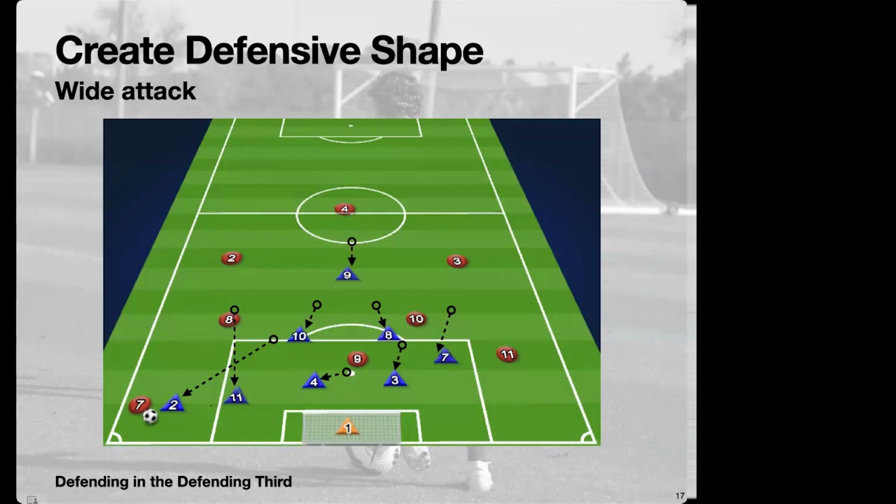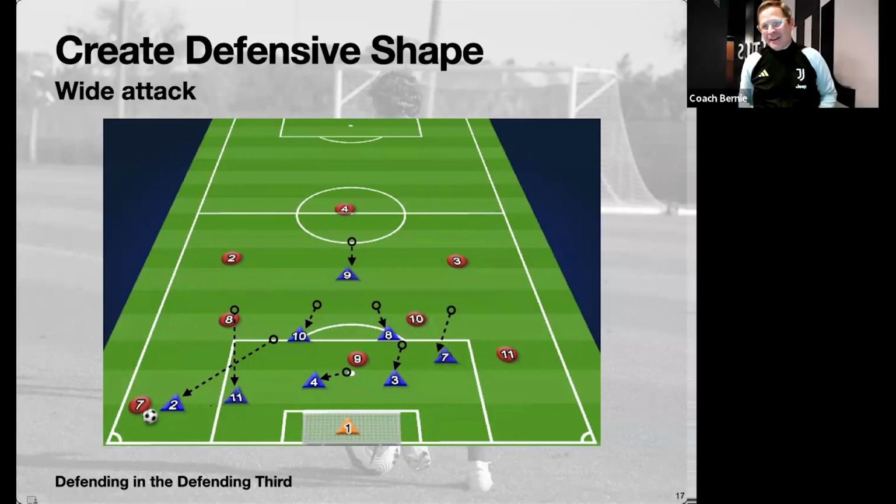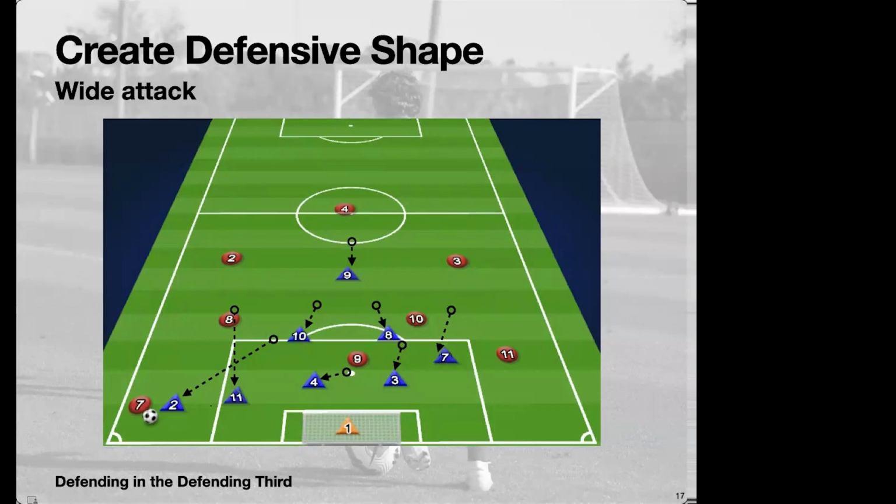Hey, coach. Yeah. So I think the boys are right. 9 looks very dangerous, but look at where 9 is. He's in between 4 players. I'd say that the 11 is perhaps the most dangerous because if you look at the body position of, well, you can't tell in this photo, but the 7, what are they looking at? The 3, what are they looking at? They're looking at the ball.